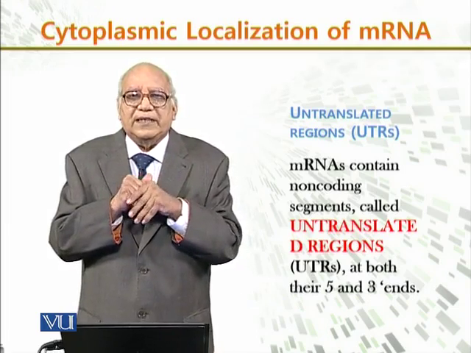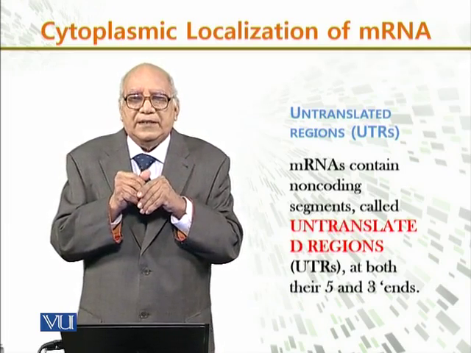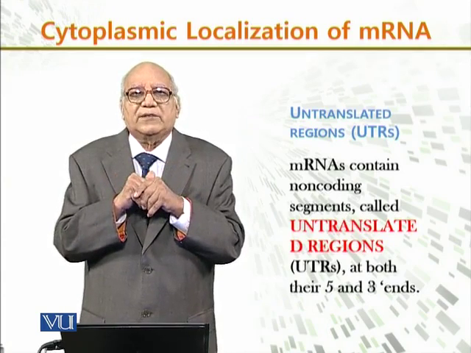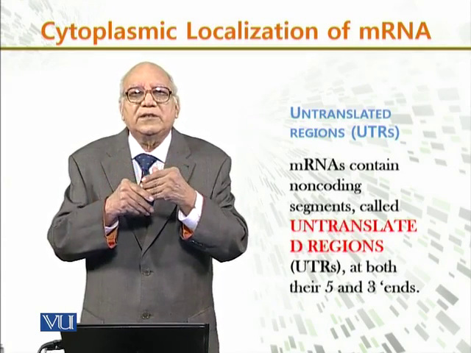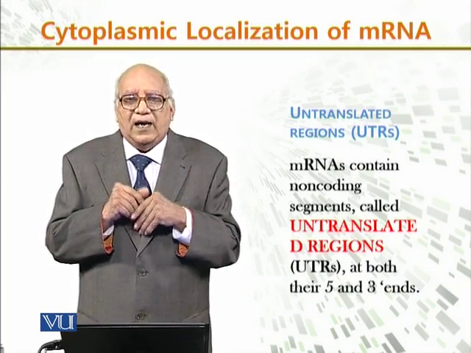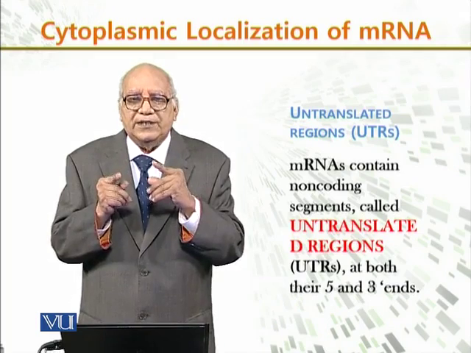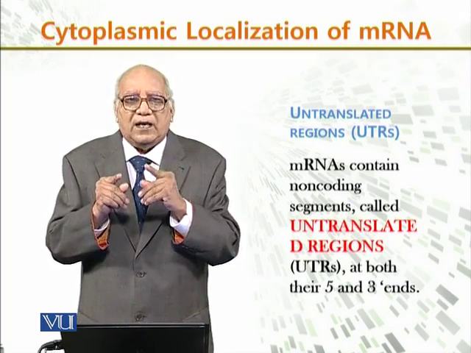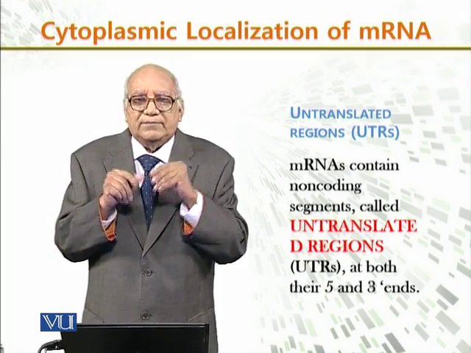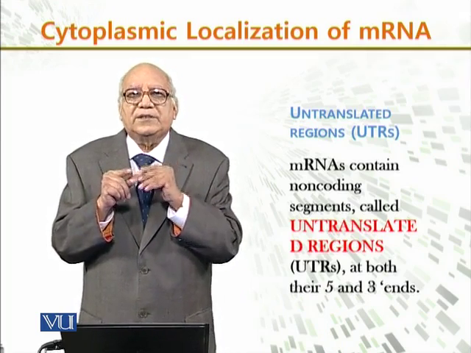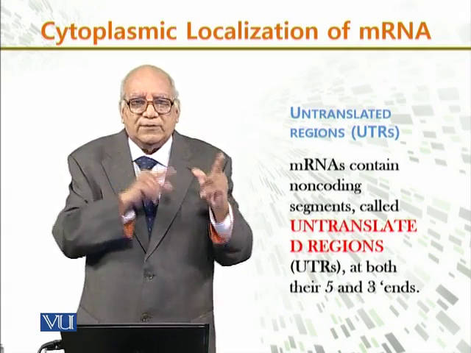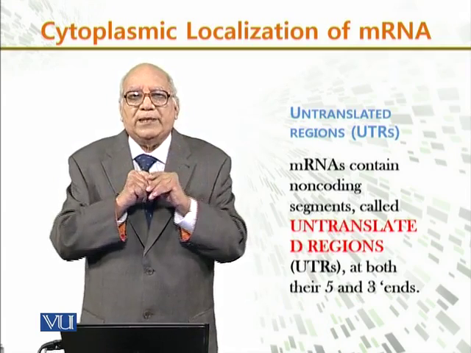So it was discovered that messenger RNA contains certain non-coding segments as well. There are segments which do not code anything, and they are called untranslated regions, UTRs. They are at both ends, the 3' end as well as the 5' end.